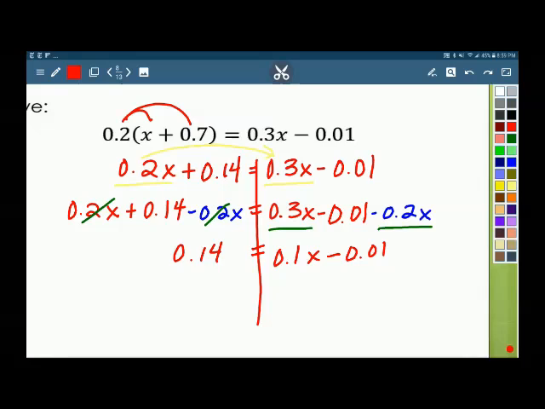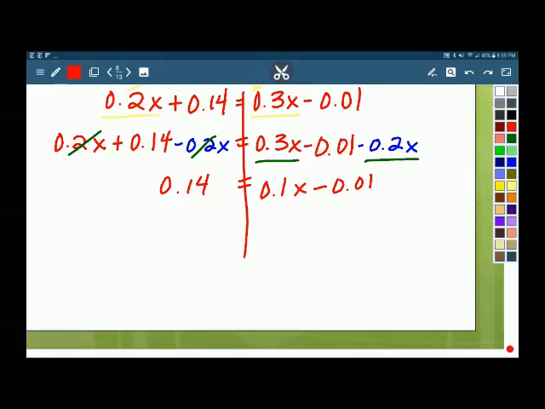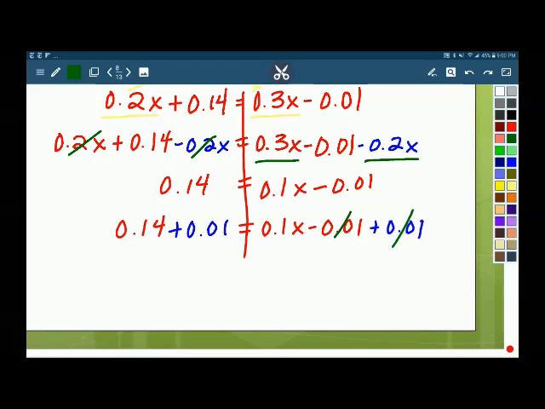And now I have a two-step problem. I need to get rid of that 0.01, the negative 0.01. So I'm going to scoot everything over on the left again. And the opposite of negative 0.01 is going to be positive 0.01. So that's what I'm going to put on both sides of the equation. And I have left 0.1x is equal to 0.15.